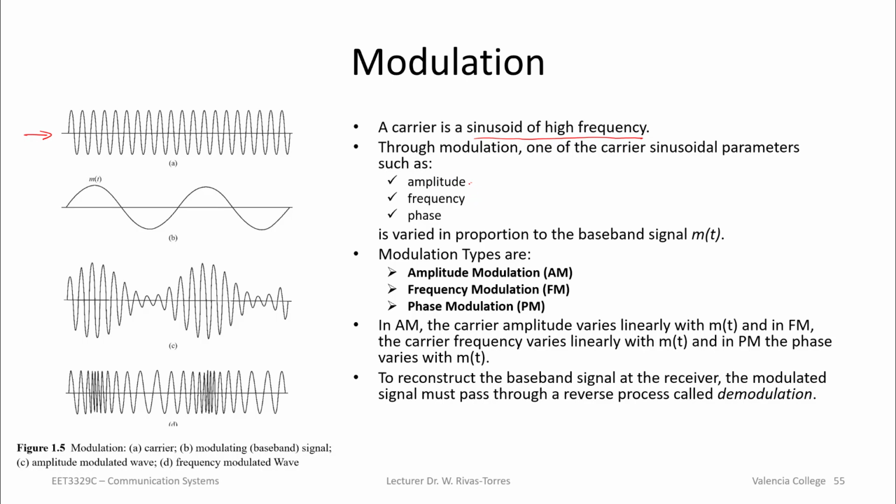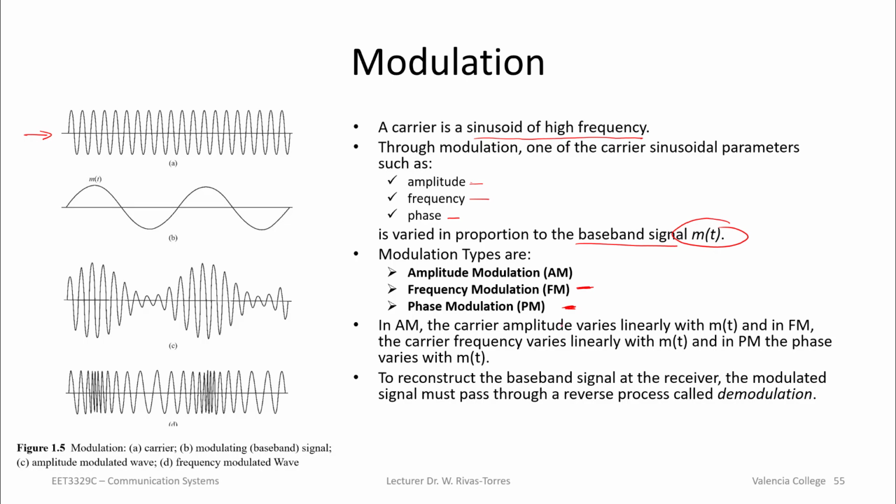You can talk about the amplitude, the frequency, or the phase. So if we make any of those vary in proportion to our baseband signal, which we've been calling m(t), then you can have one of three types of modulation. You can have amplitude modulation, FM modulation, or phase modulation, which is PM, right?